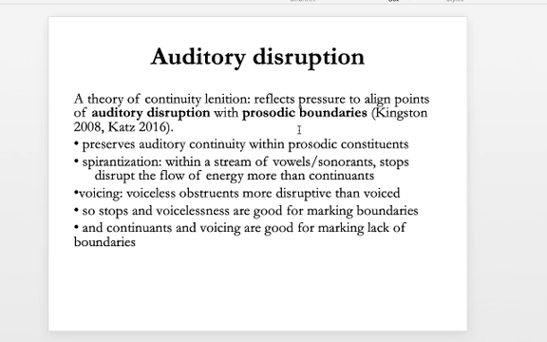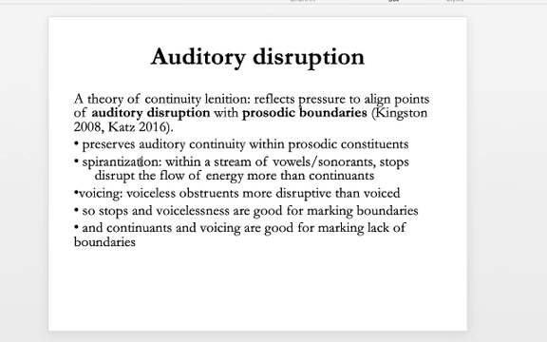That is, it reflects pressure to align points of auditory disruption with structural prosodic boundaries. How does that work? Well, within a prosodic constituent, leniting a consonant and making it more intense and more like the surrounding vowels is going to preserve auditory continuity within those prosodic constituents.